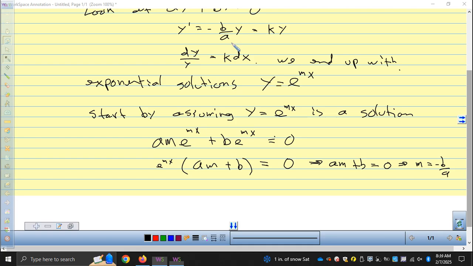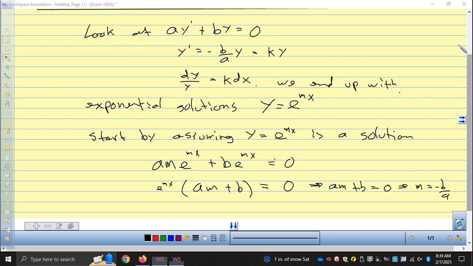So just based on that observation that the exponential function is a function where we can add multiples of the function and its derivatives and get 0, assume that that's our solution, and what does that imply? Well, we get the same answer. So we're going to do that same thing with higher order differential equations.